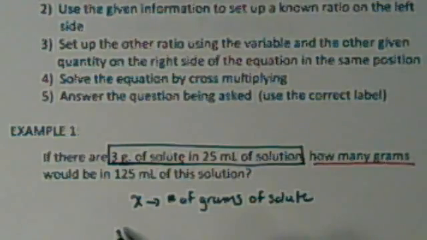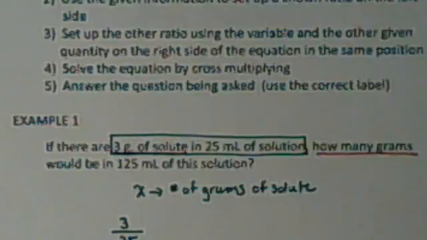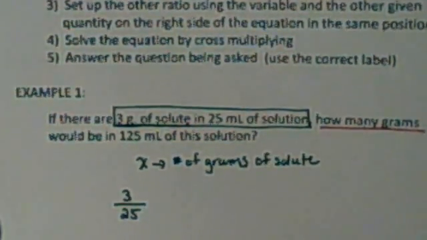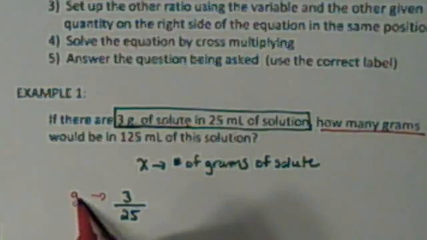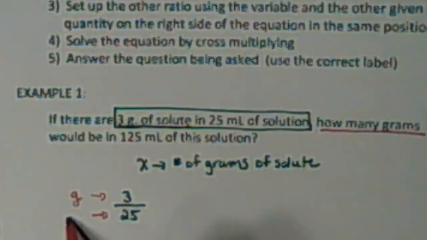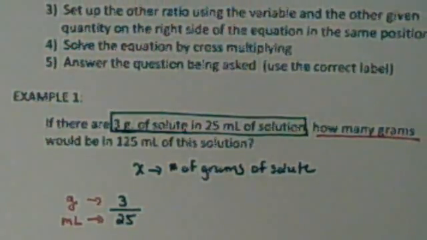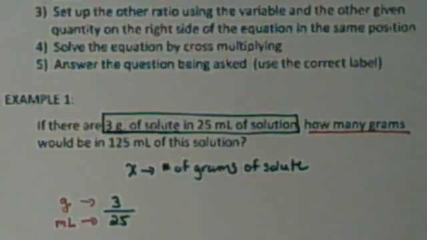We have 3 grams of solute for every 25 milliliters of solution. And so we want to be very careful here that we are comparing right here the grams and right here the milliliters. That order is what's going to be important as we look at step 3 up above.